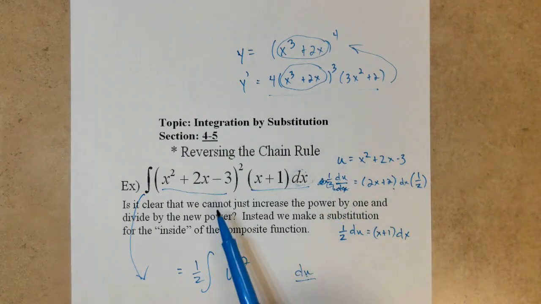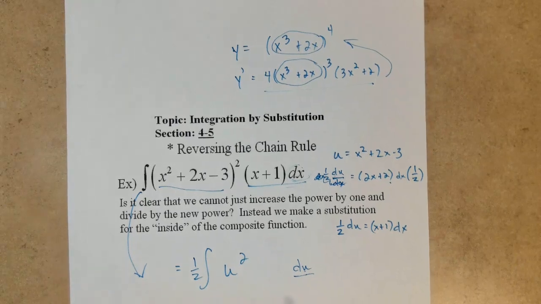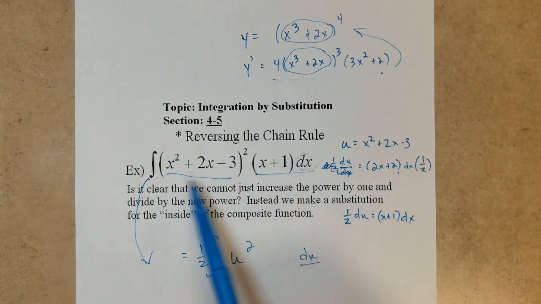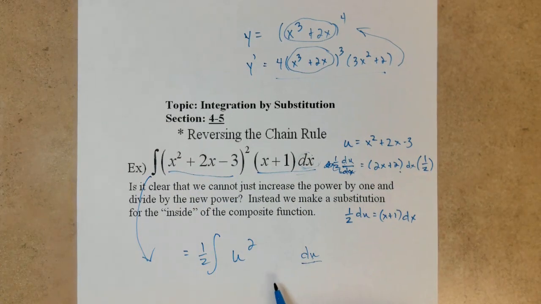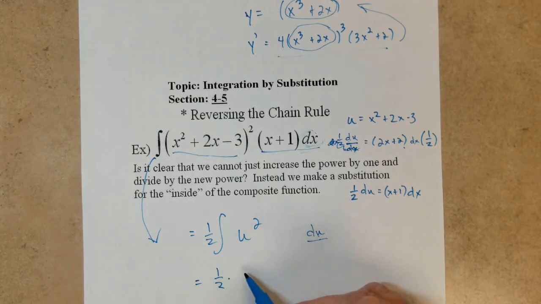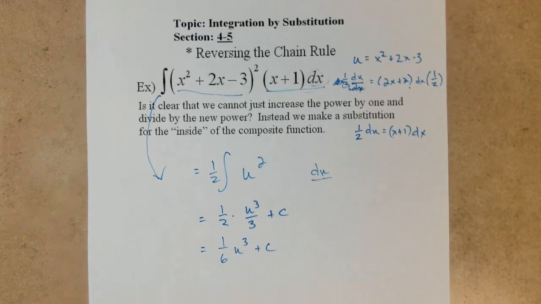Using this process, I can manipulate this to look a little more comfortable with what we're dealing with. If I know this is equivalent to that by using this u substitution, let's take the antiderivative of this. This is going to be 1/2 times u cubed over 3 plus c, which is the same as 1/6 u cubed plus c.